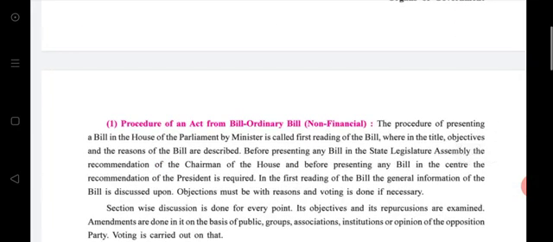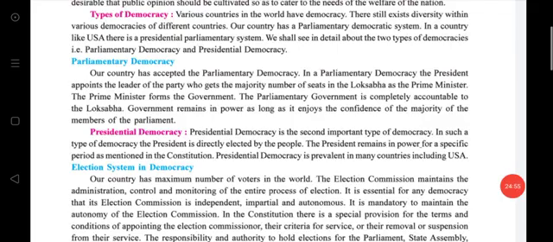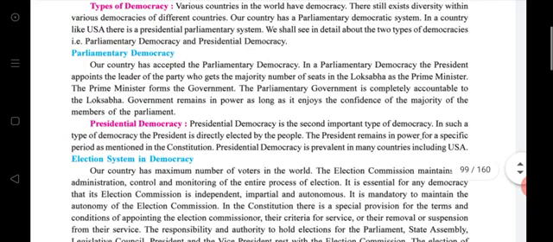Okay, now let's continue our topic, our lecture, chapter number 12. We are moving to our next topic. Please, students, come back to the current topic on page number 95, chapter number 12, Parliamentary Democracy.